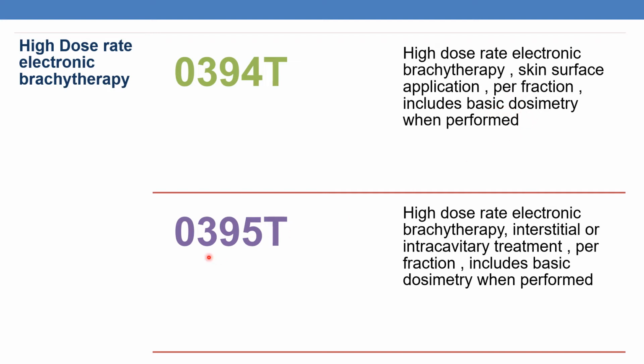Now coming to 0395T, it is high dose rate electronic brachytherapy interstitial or intracavitary treatment per fraction includes basic dosimetry whenever performed. These two are the CPTs for high dose rate electronic brachytherapy, 0394T and 0395T.